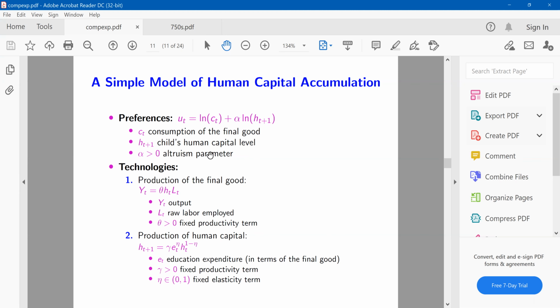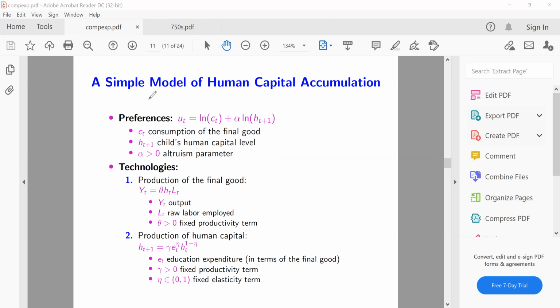Of course, there are many other ways of studying such models. For instance, you may also imagine this type of utility function, right? So these are recursive preferences with beta equal to 1. You may write a dynamic program, a Bellman equation in this form, where human capital is the state variable.